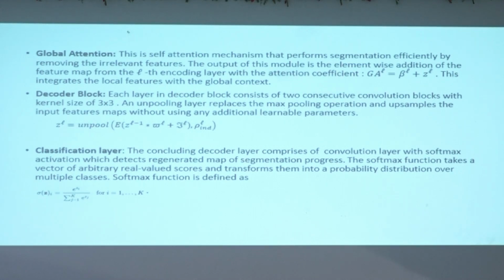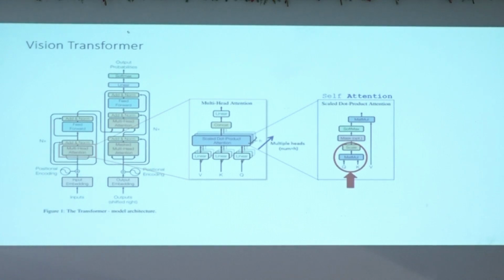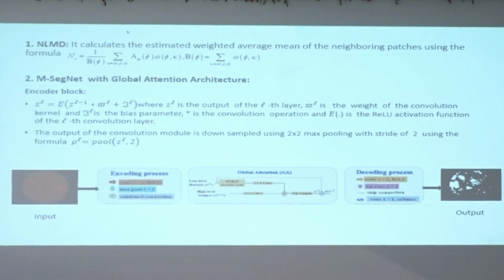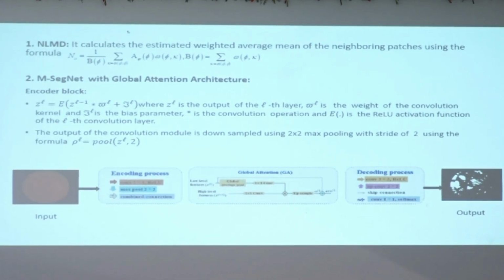So, as I said, the global attention module takes the output of the encoding process, because the image is being downsampled. After downsampling, it is given to the global attention module. There again a 1x1 convolution layer takes place, and that output is being concatenated.